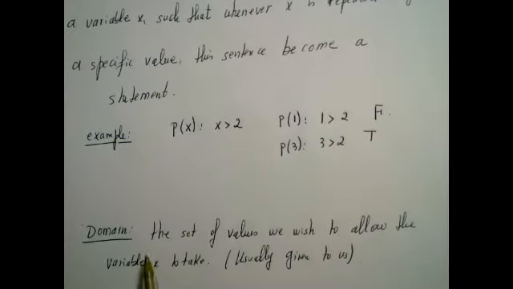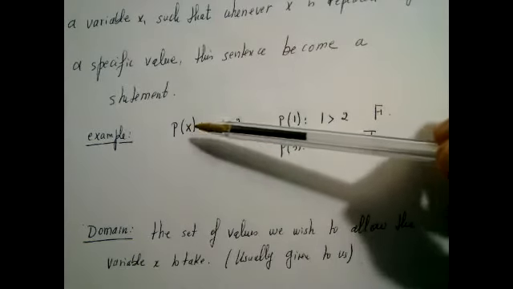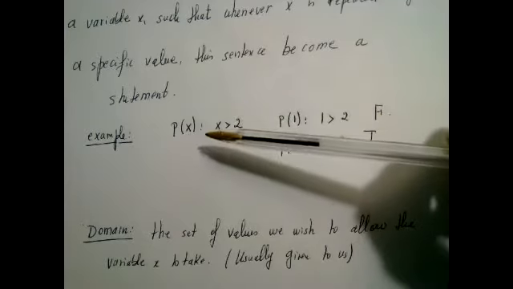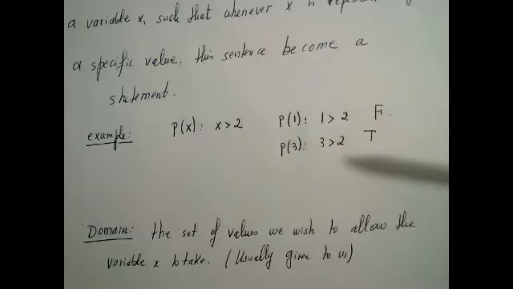The domain will be all the values you wish to allow the variable x to take, and it's usually given to you. Since there is a variable involved, I have to tell you what this x is. That's what we call the domain of the predicate.